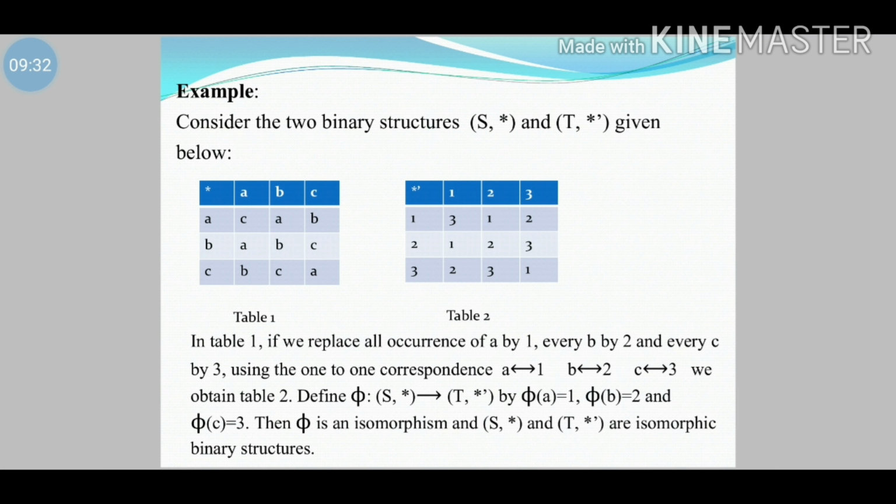Define phi from S star to T star dash by phi of A is equal to 1, phi of B is equal to 2, and phi of C is equal to 3. Then phi is an isomorphism and S star and T star dash are isomorphic binary structures because it also satisfies the homomorphism property. That is, phi of A star B is equal to phi of A star dash phi of B.